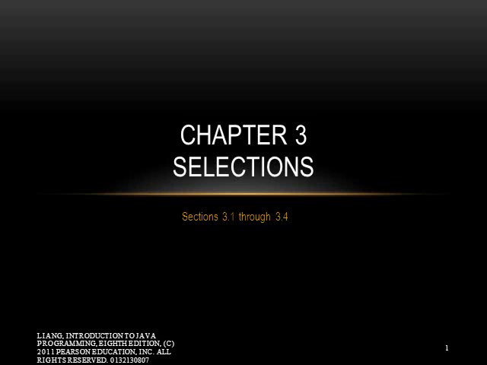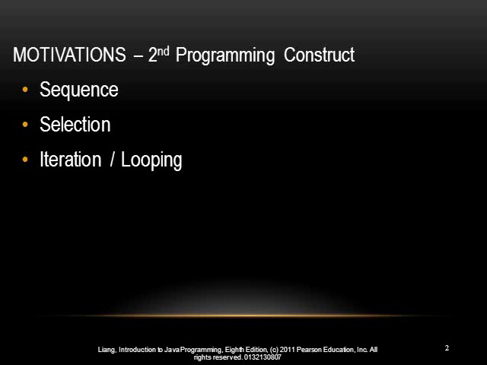So we'll look at the Boolean data type as well as how we can write programs that select what statements we want to execute. Well, the selection construct is the second programming construct that I've mentioned before.